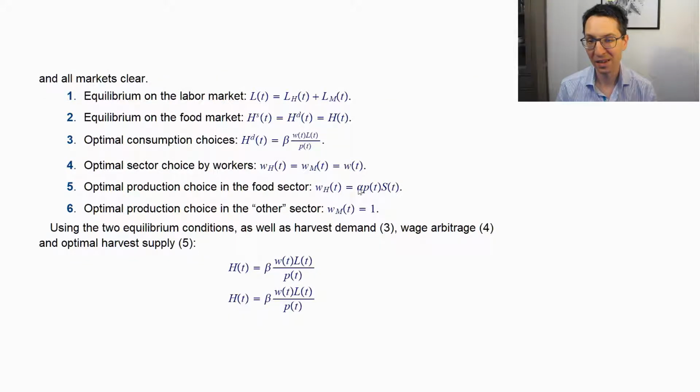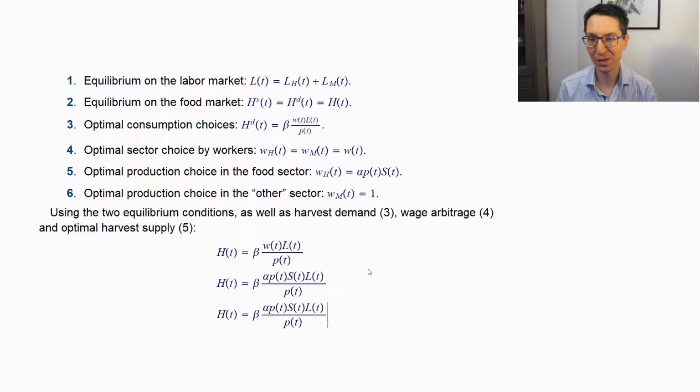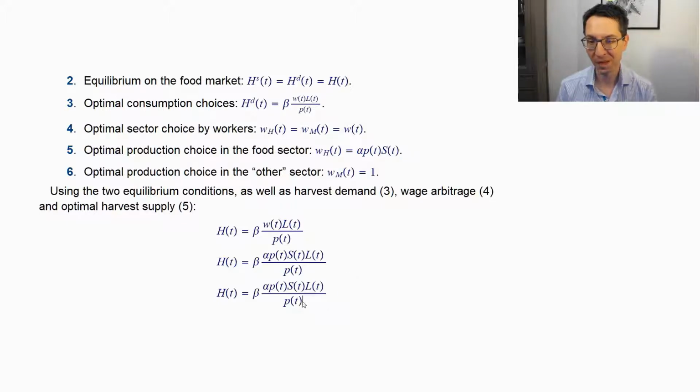So we get that HT equals beta alpha PT ST LT divided by PT. And of course, we can simplify the price in the numerator and denominator. And we simply get our harvesting function, HT equals alpha beta LT ST.